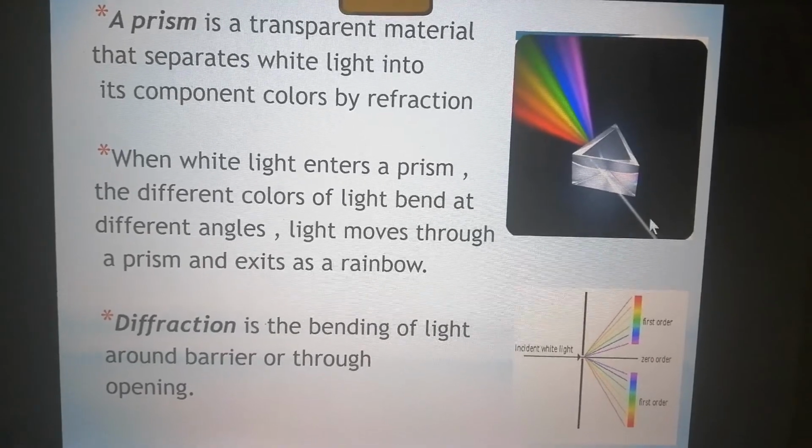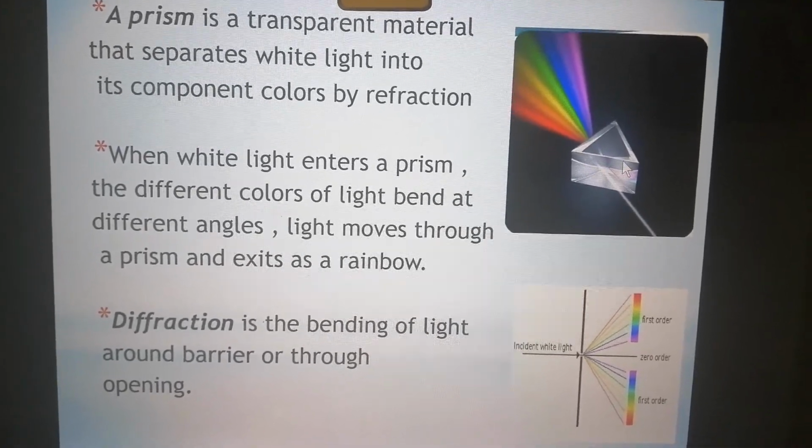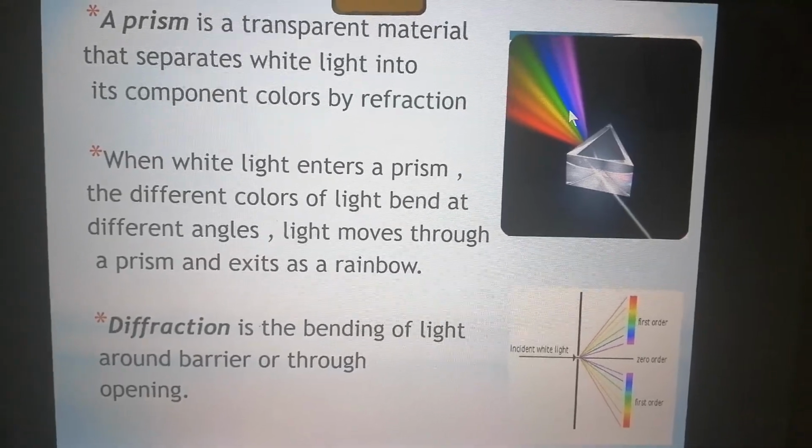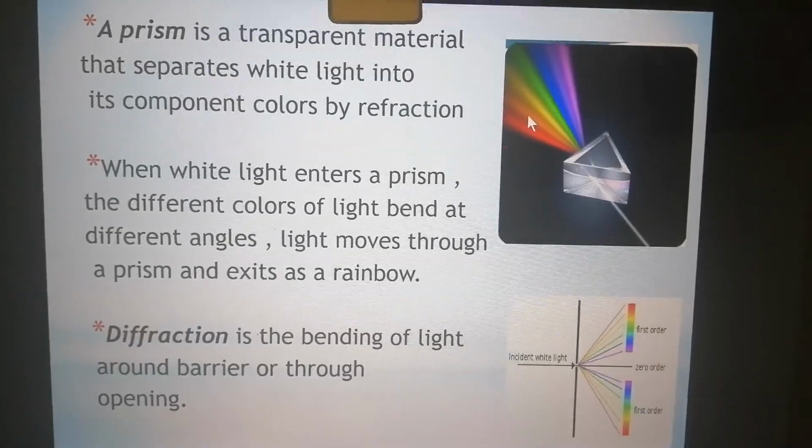It enters as white light, passes through the prism, and exits from the other side at different angles, giving me different colors.